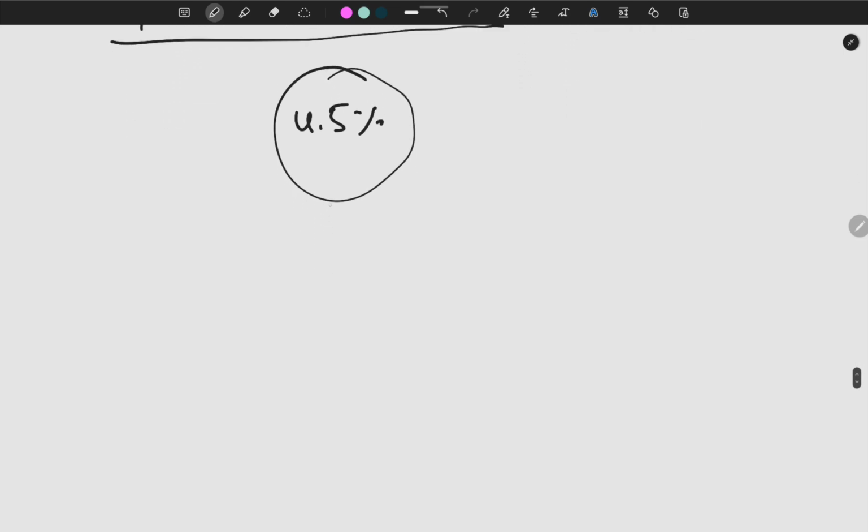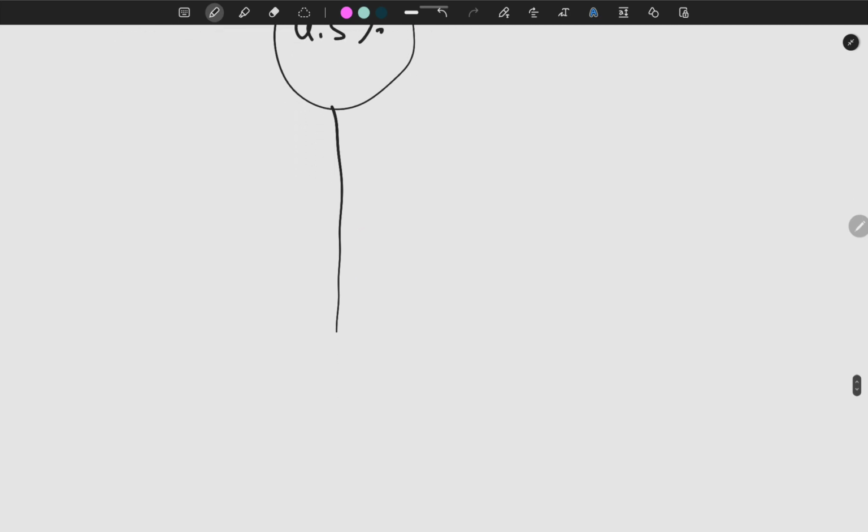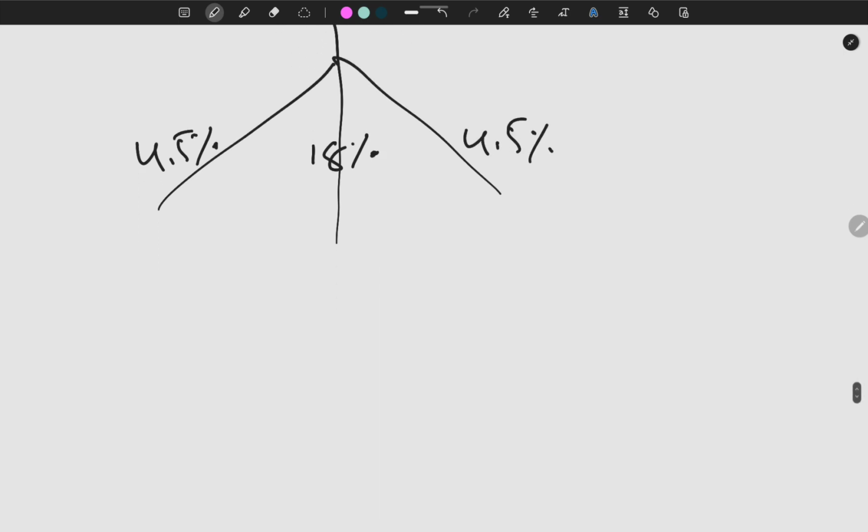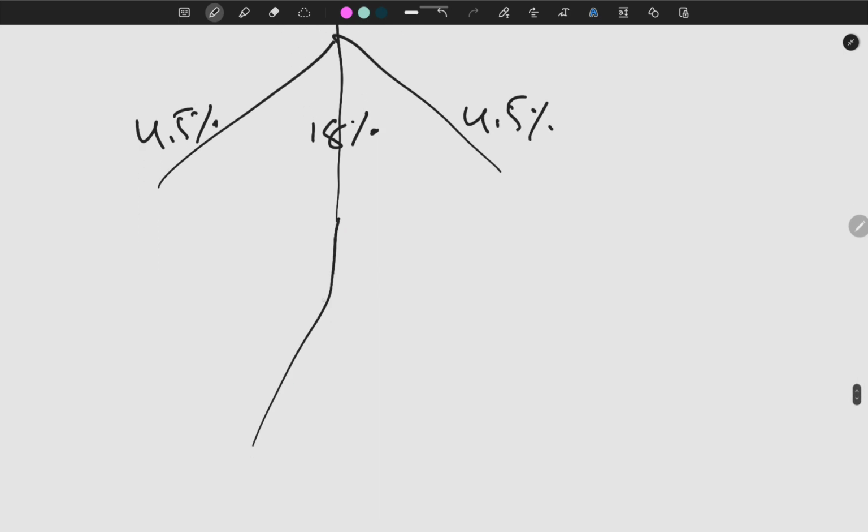Okay, so back of the chest is 18%, and upper limbs are 4.5%, and in the lower limbs we have 9%.